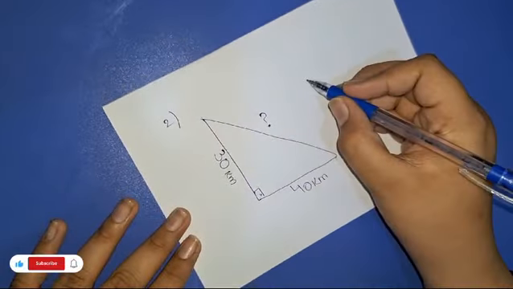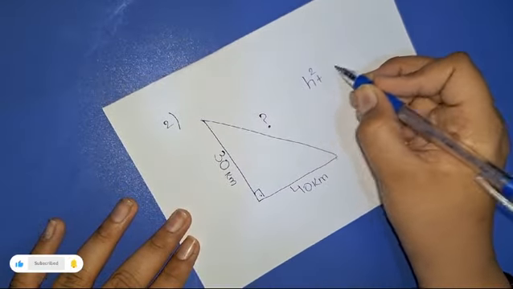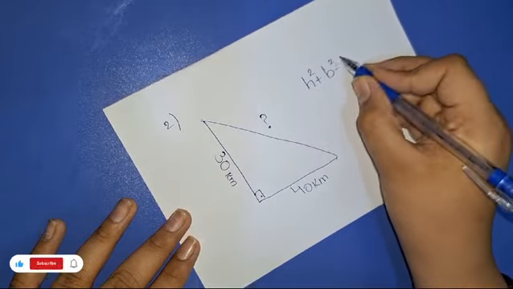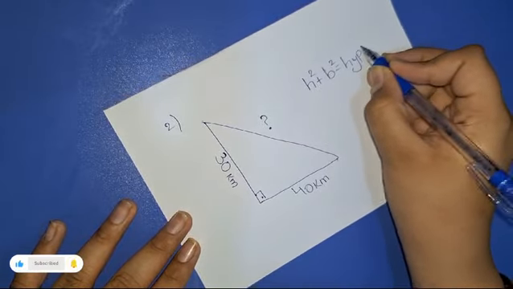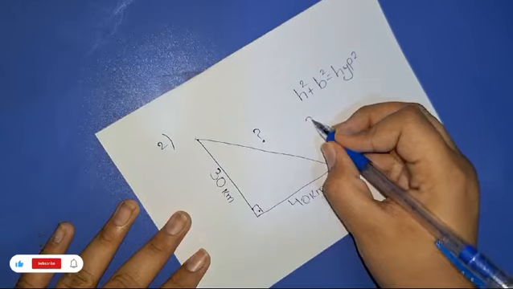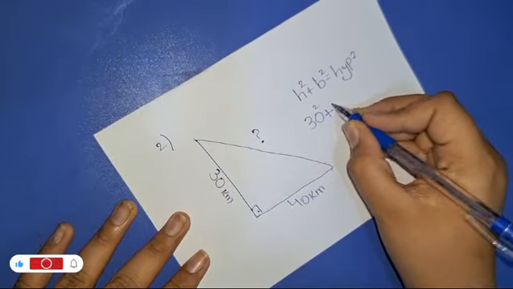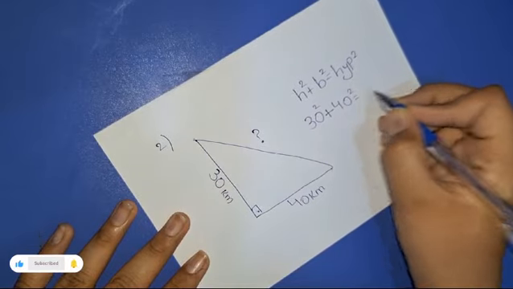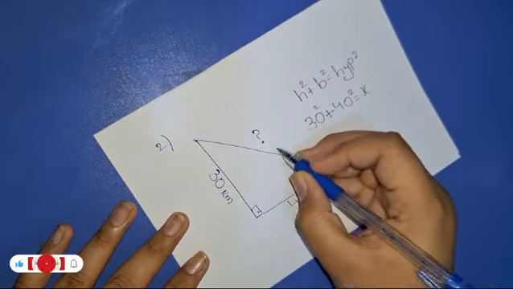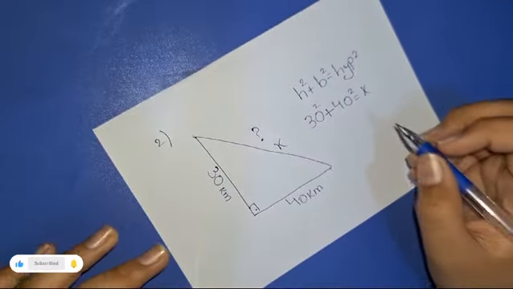One more example is a question to find the hypotenuse in this right angled triangle. As we all know the formula, we have to find the hypotenuse. The height is 30 and the base is 40, and we have to find x. This side is x.